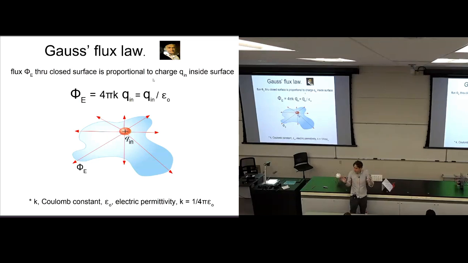So there are just two different ways that we sometimes write Gauss's flux law. They're both equivalent. They both use constants of nature. The two constants of nature are related to one another. K is 1 over 4 pi epsilon naught. So the Coulomb constant equals 1 over 4 pi times the electric permittivity. They both characterize how strong or weak electricity is.